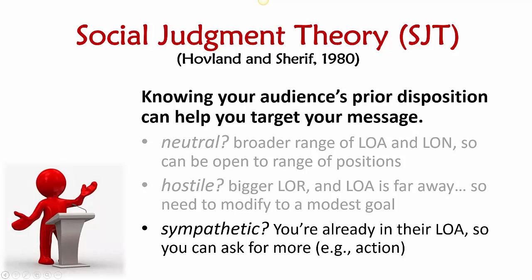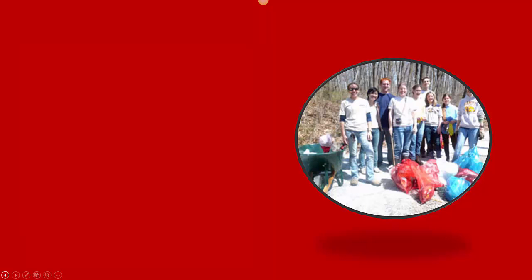So what you need to do is see what you can ask of these folks that might push their latitude of acceptance even further. If they agree with you on principle, maybe you're able to push them to behavioral action. For instance, if we are addressing the Mizzou Environmental Science Club, they already are going to agree with me that global warming and climate change are really important. So maybe I'm going to want to focus my message on getting them to do something about it.